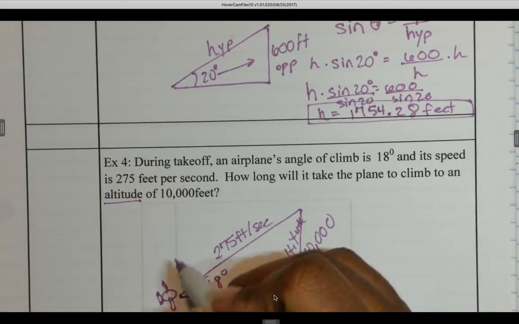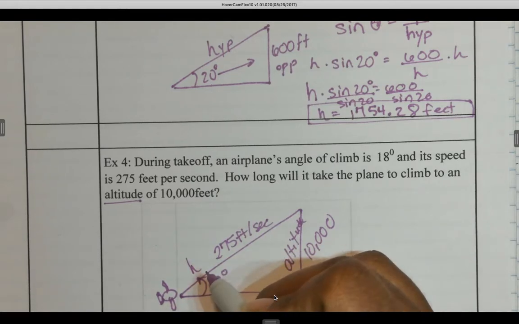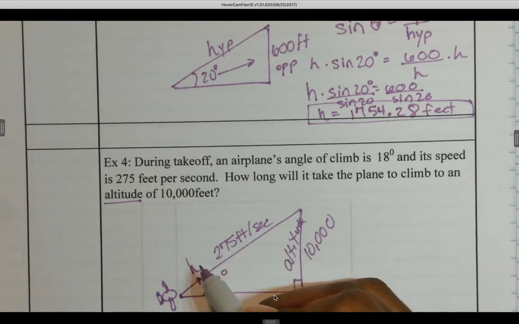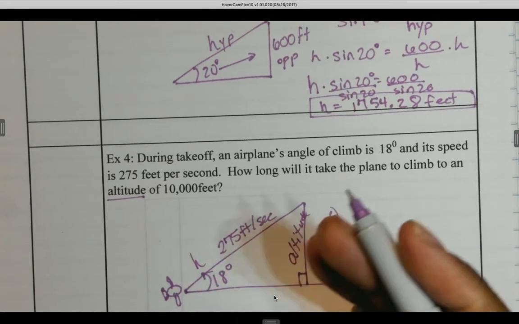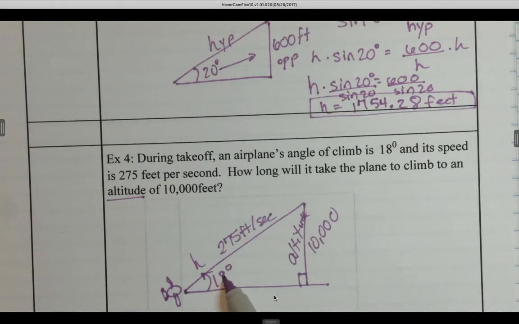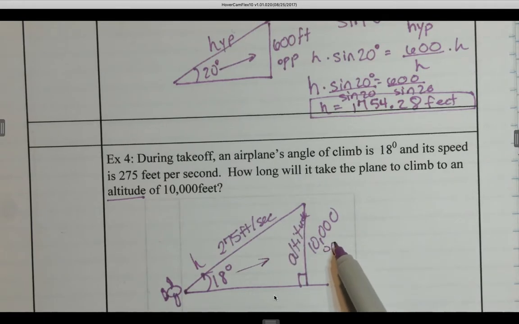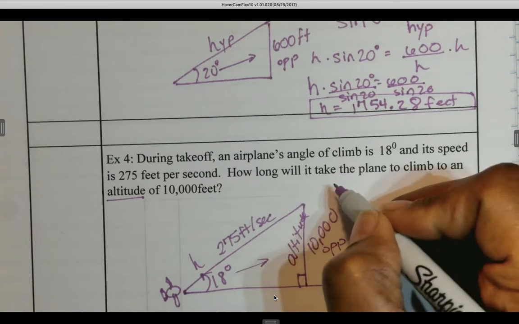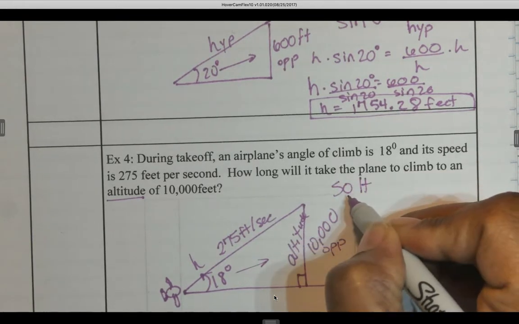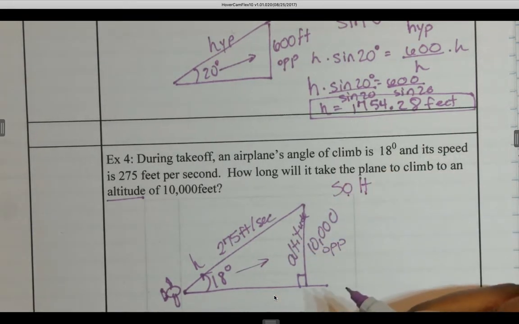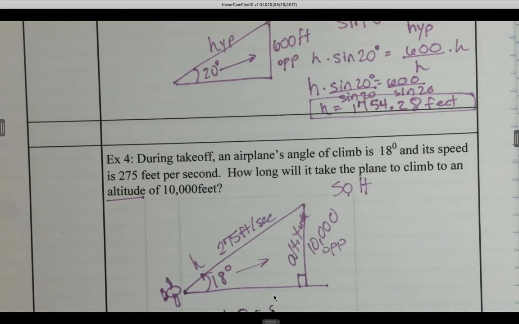So let's just figure out first, I'm going to call this h again, what h is. We have the same scenario as we had above. We have a theta here. We have the opposite side is 10,000. We don't know the hypotenuse. The trig ratio that uses opposite and hypotenuse is sine, so I'm going to use that fact. Sine of theta equals opposite over hypotenuse.